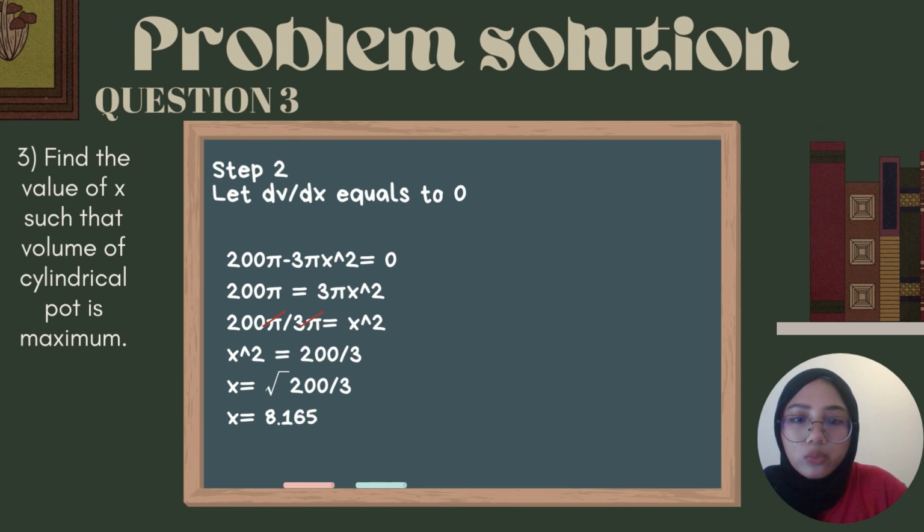Then we can eliminate the pi, which leaves us with x squared equals 200 divided by 3. To get x, we take the square root of 200 divided by 3, and the final answer for x is 8.165.